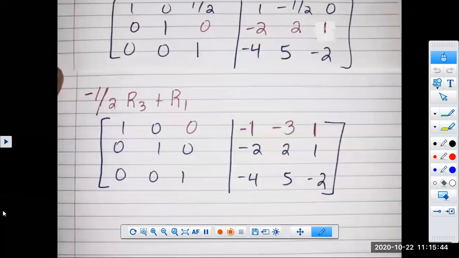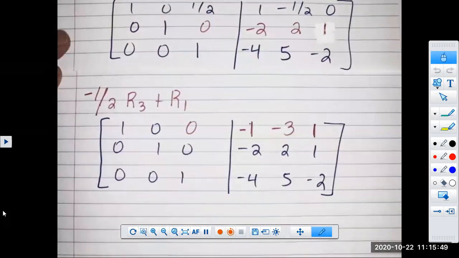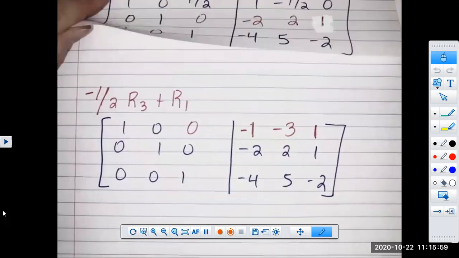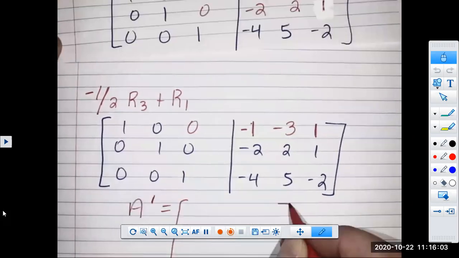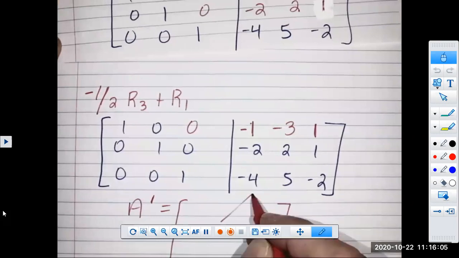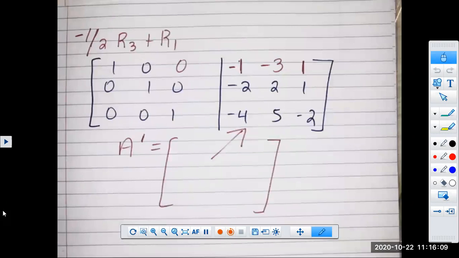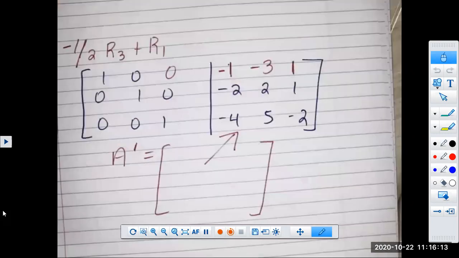So now that you arrived with this result on the left side, A inverse is that matrix. Don't you guys love a 3x3 inverse? It's terrible, isn't it?